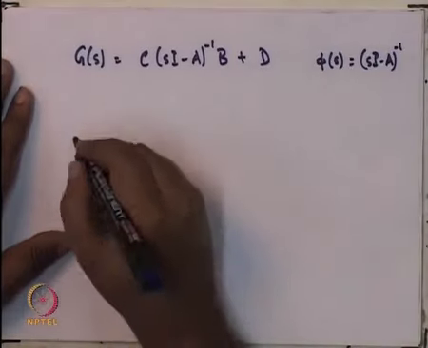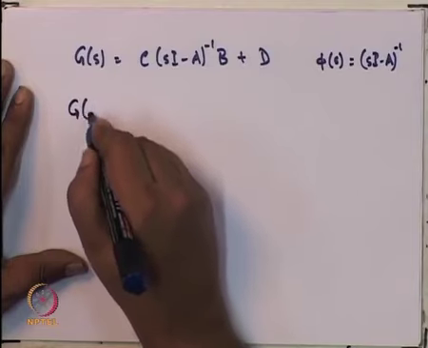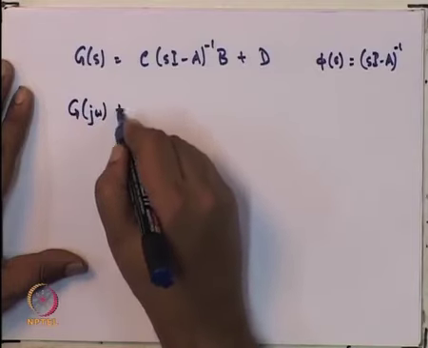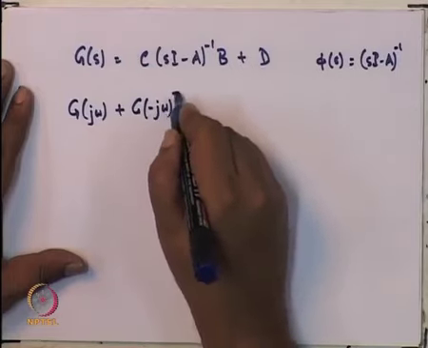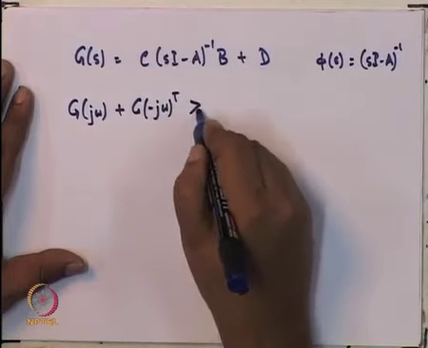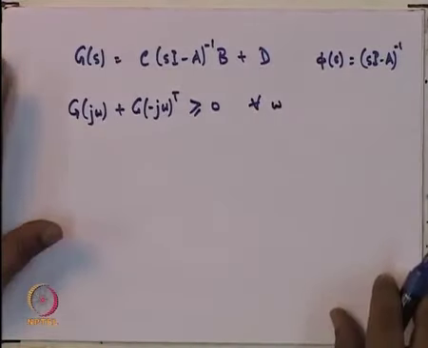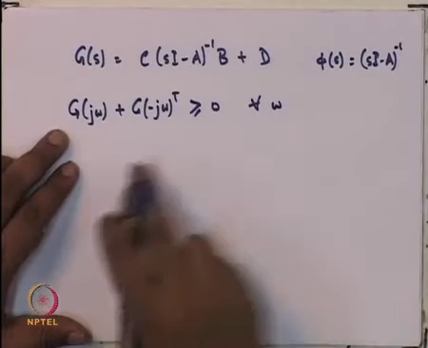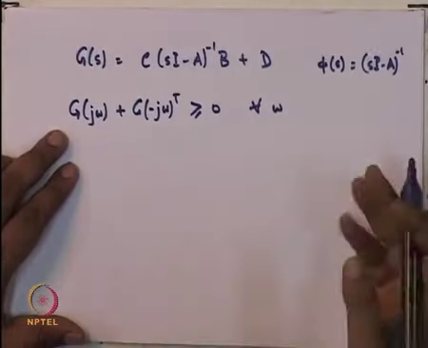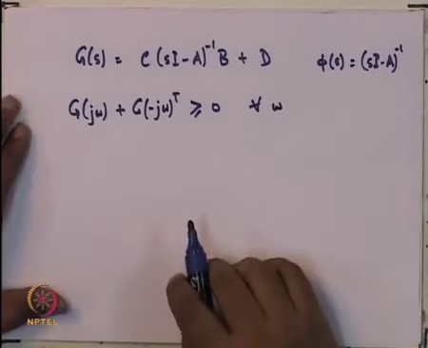Now, what I want to show is the following: that G(j omega) plus G(minus j omega) transpose is greater than or equal to 0 for all omega. If I show this, I would have shown it for the Nyquist plot, but in fact, what I am going to do is something more general than that.